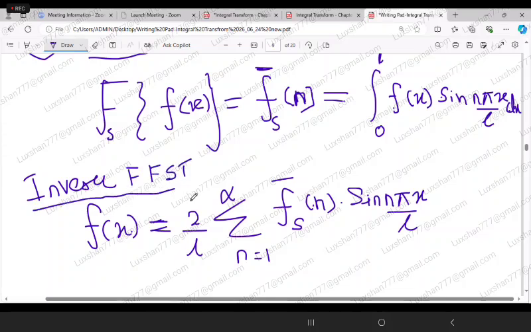So the inverse formula is this one. What do you mean by, what is this actually?